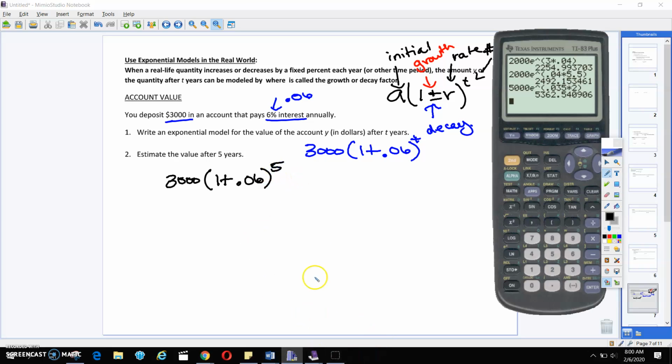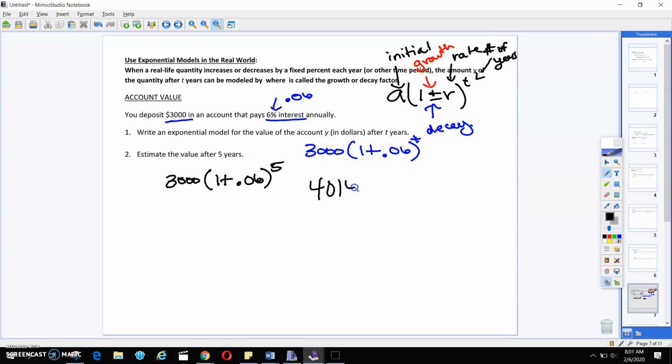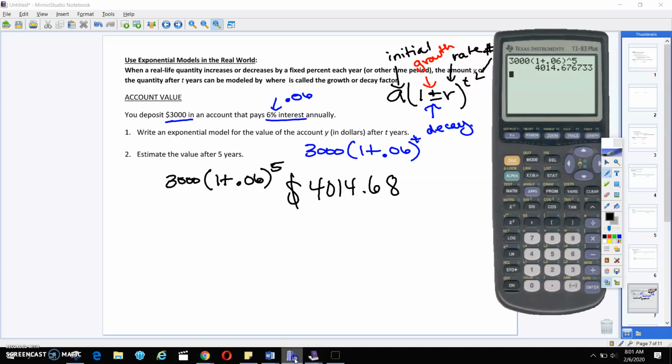We're going to go into our handy dandy calculator: 3,000, parentheses, 1 plus 0.06, and we're going to raise it to the 5th power. What do we get? 4,014.68. If you didn't get that, look at how you typed it into the calculator versus how I typed it into the calculator.